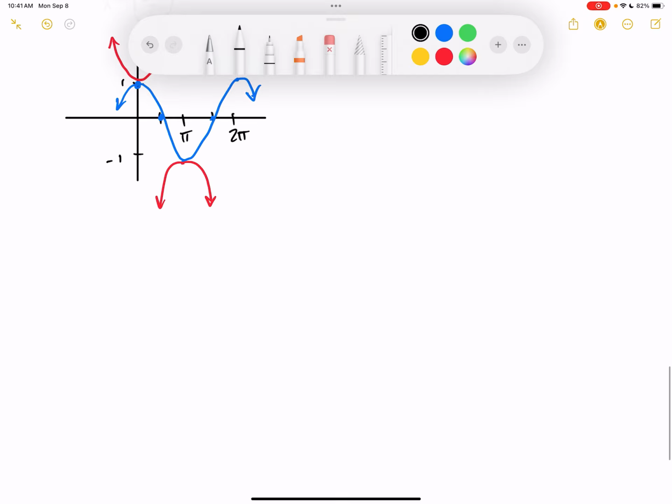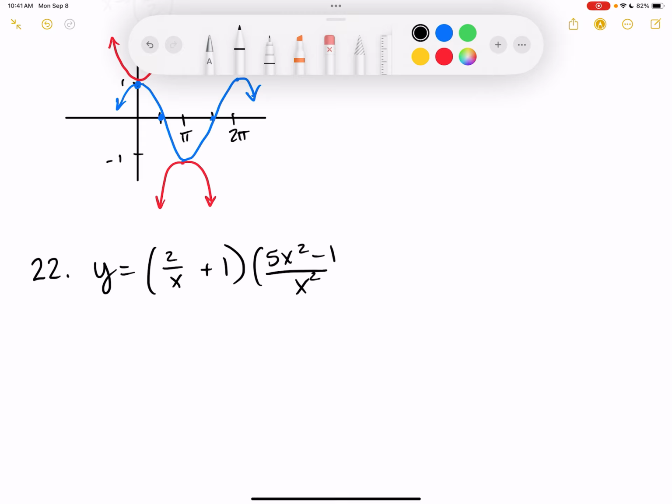So 22, y equals, in parentheses, 2 over x plus 1, and then times 5x squared minus 1 over x squared. And we're looking at the limit as x goes to positive infinity and the limit as x goes to negative infinity. And did not have to write the whole thing. We usually just write whatever they're calling the function.